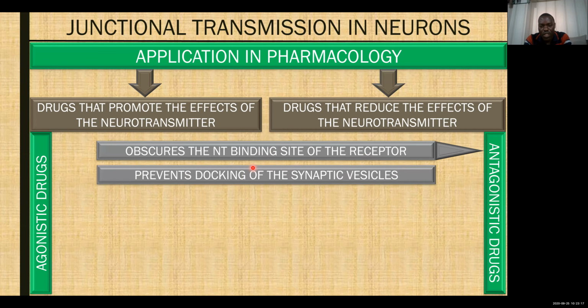if you have a drug that prevents docking of the synaptic vesicles, and there are drugs which do prevent docking of the synaptic vesicles. What will these drugs do? Will they have agonistic effect, or will they have antagonistic effects?